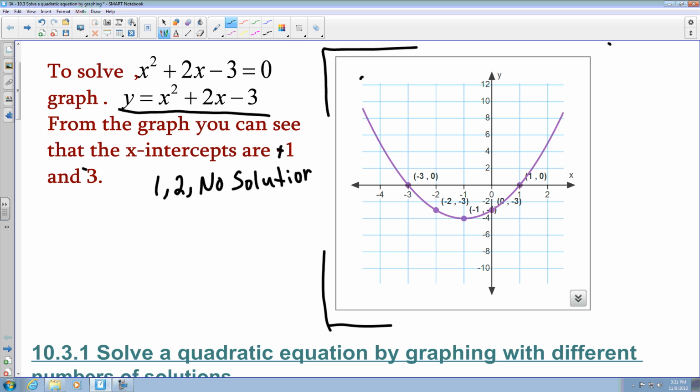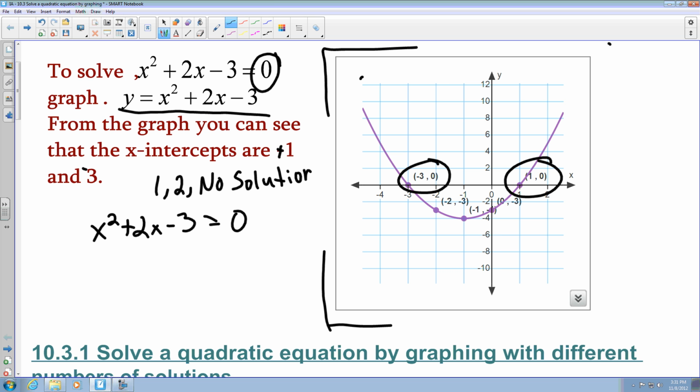What we do is we set y equal to 0, because if you look here, our y coordinates are shown up as 0. So let's go x squared plus 2x minus 3 equals 0.